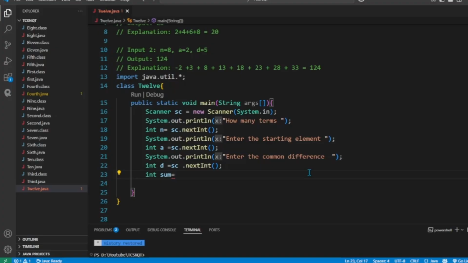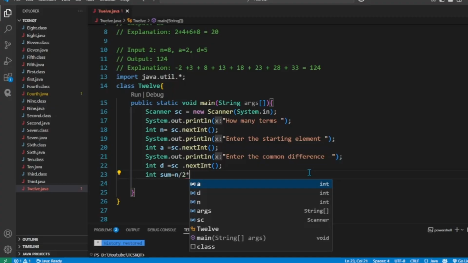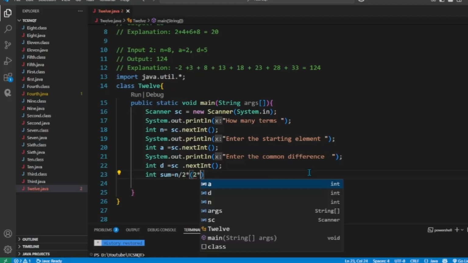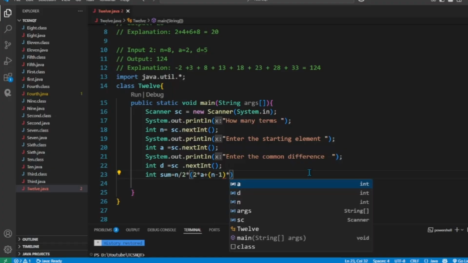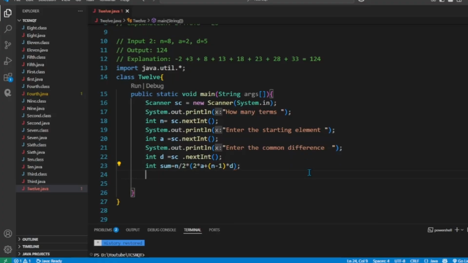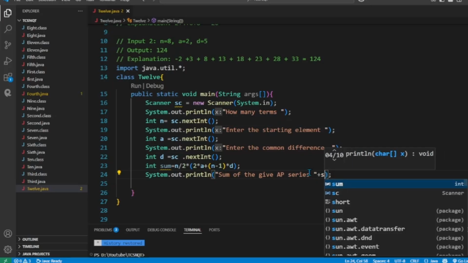So what is the formula? n by 2, then multiplication in bracket 2 multiplied with a, then plus, then n minus 1, then multiplied with d. Okay, this is basically our formula, and after that print the answer. Give the message, sum of the given AP series. Okay, after that print sum.